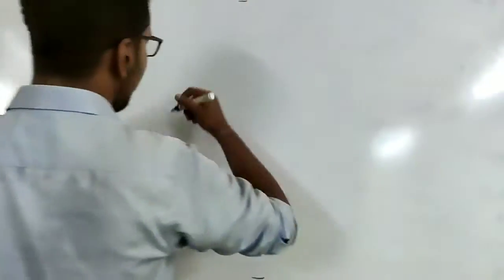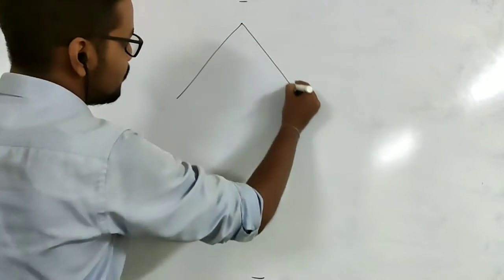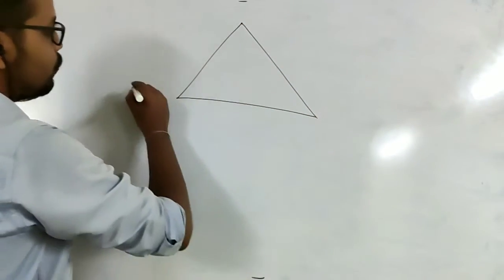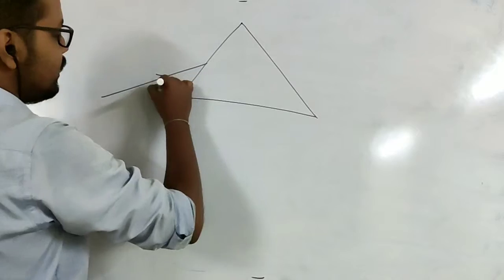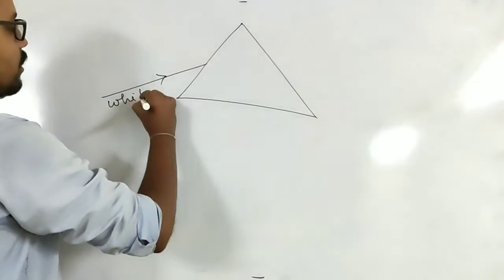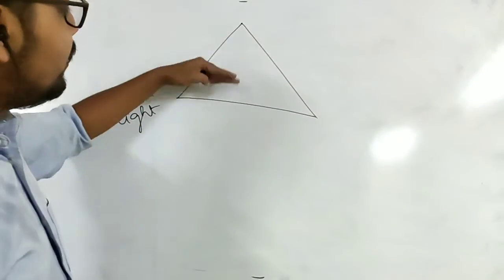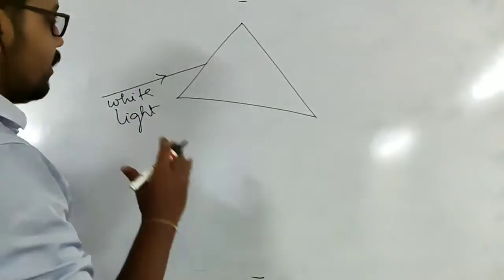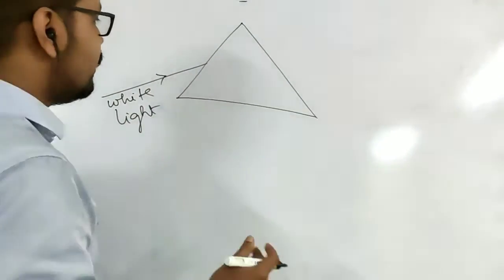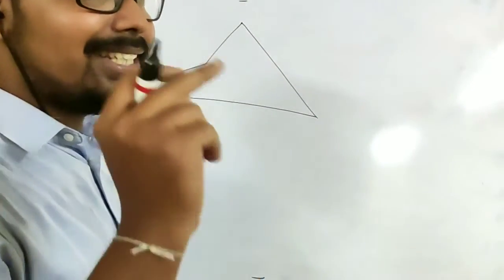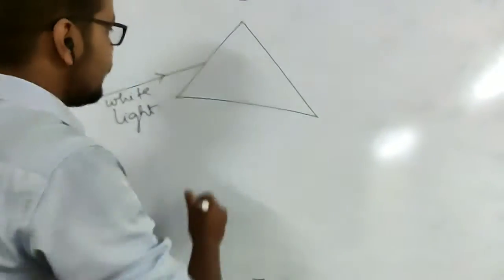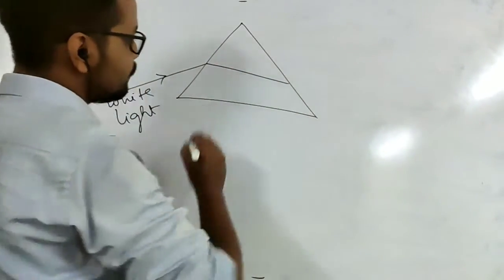If we have the prism out here like this, we allow light to pass in this direction. It contains white light. Suppose this is our white light. When white light is allowed to pass through a prism, it will deviate into different directions. Violet light, since it is easiest to deviate, will deviate the most.